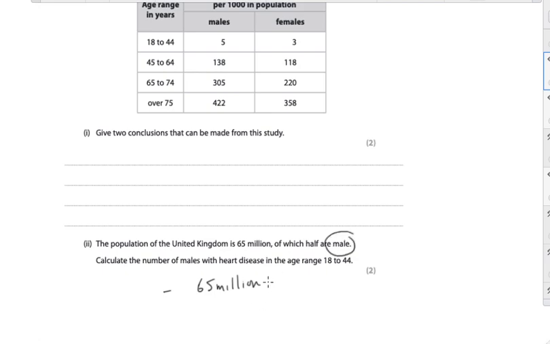So we need to divide that by 2, because roughly it's going to be 50-50 between men and women. So dividing that by 2, we get 32.5 million men. So all we've done is divide by 2.